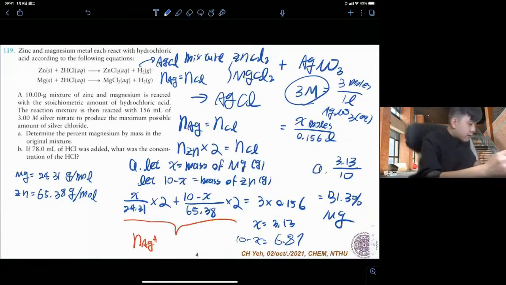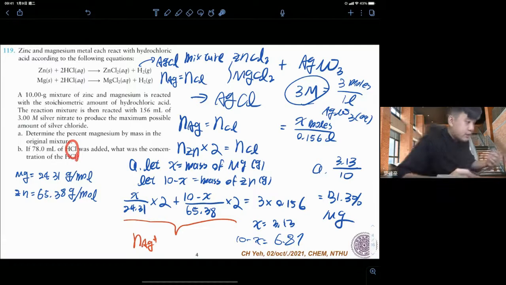Okay. If there is 78 ml of HCl was added, what is the concentration of the HCl? So this is the continuation of problem A. So it is basically asking how many chlorine is contributed to this.